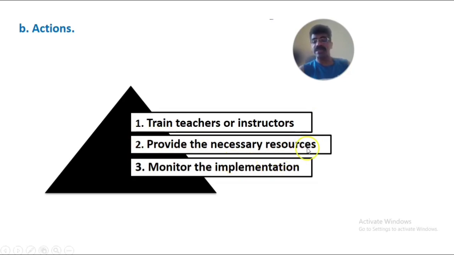Then provide the necessary resources, that is man, money, material, faculty or the staff, then articles in the foundation lab, available books in the libraries, etc. Then monitor the implementation throughout to achieve quality in education.